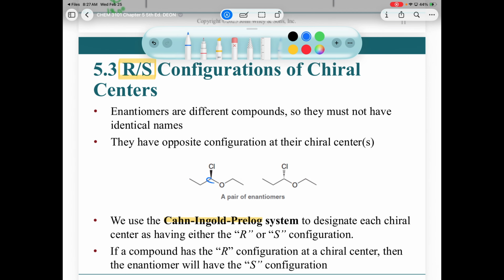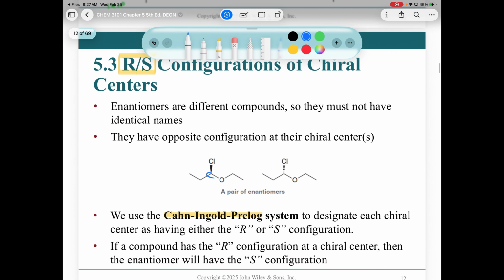So we say that these have an opposite configuration at the chiral center, okay? And we use Cahn-Ingold-Prelog rules to designate these chiral centers as being what we call R. R is for rectus, which is to the right. Okay, so this is Latin. And S is to the left. What's left in Latin? Anybody? Sinister, right?